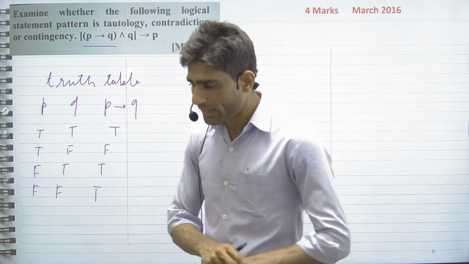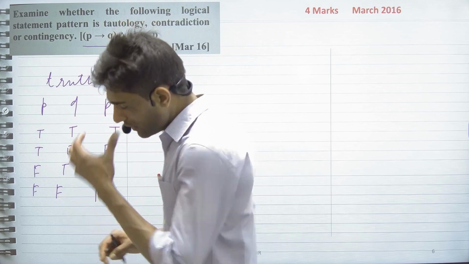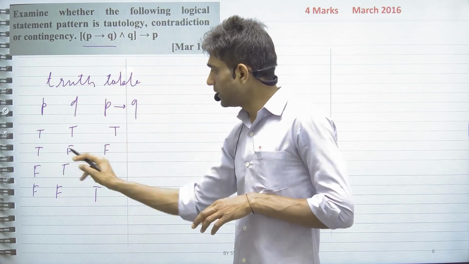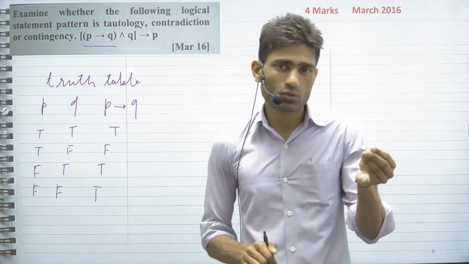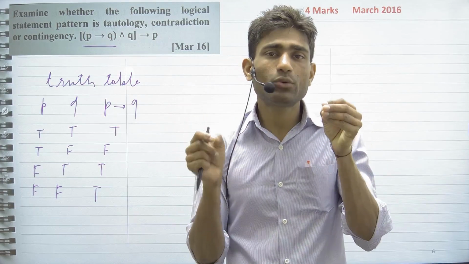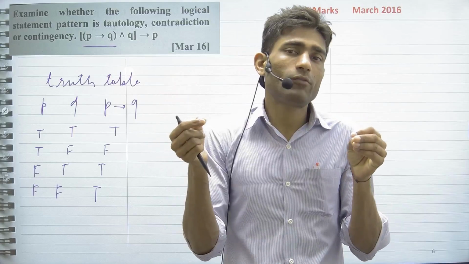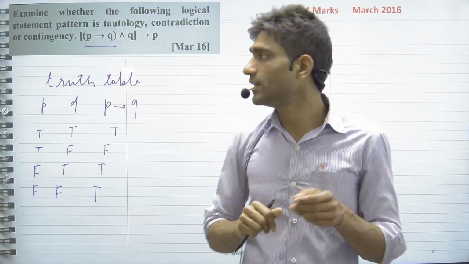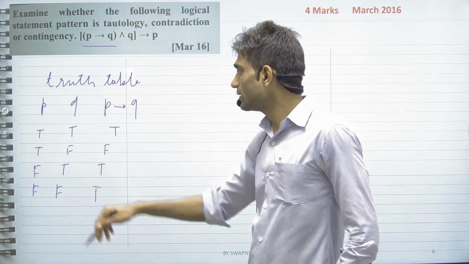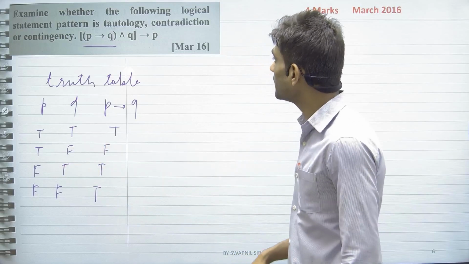Only in an implication do we get T F as F. If the first statement is true and the second statement is false, our resultant statement comes as false. Similarly, for the other statement you can follow the same.